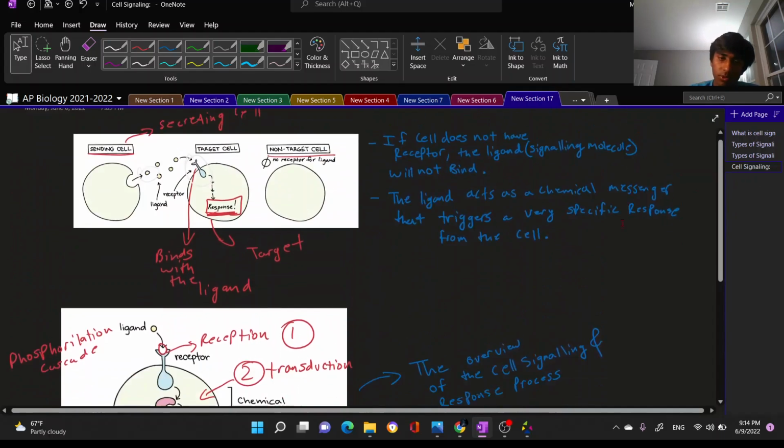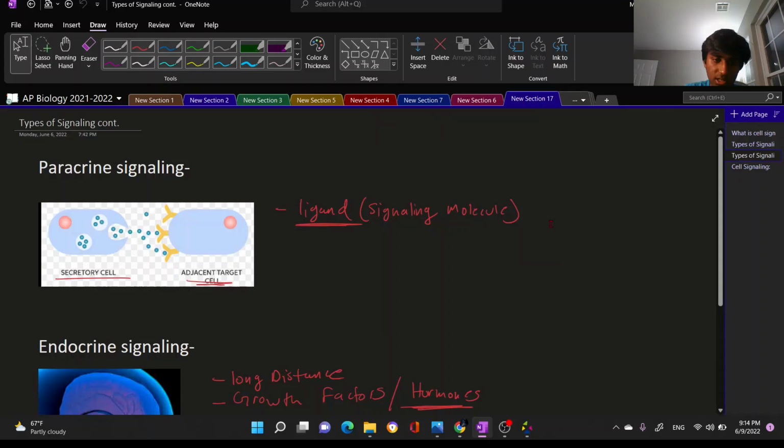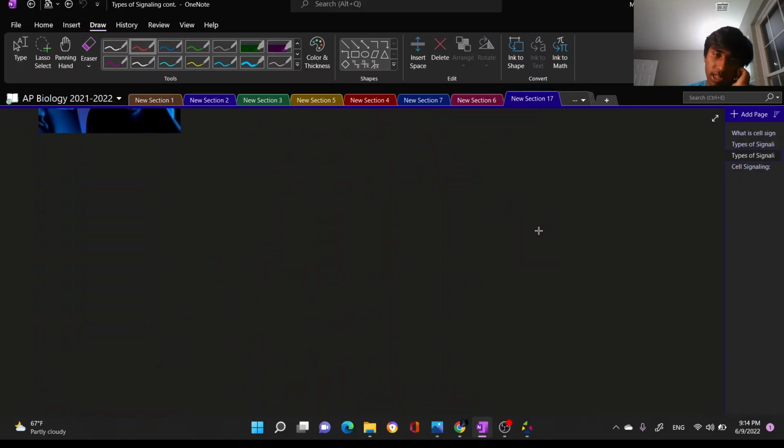So going back to types of cell signaling, there's actually one more type of cell signaling, which is known as autocrine cell signaling. So autocrine cell signaling pretty much involves a cell communicating with itself.